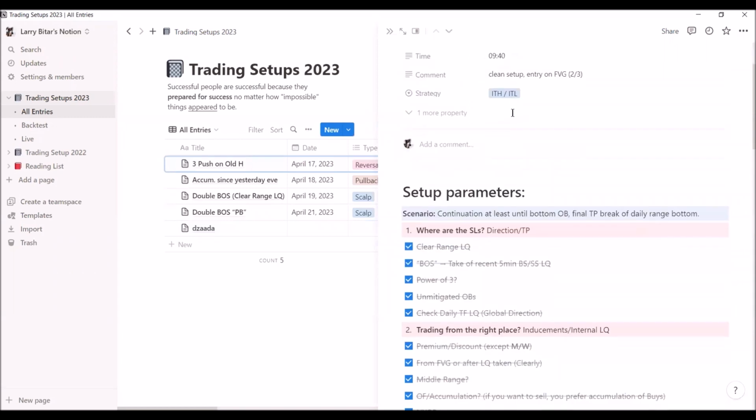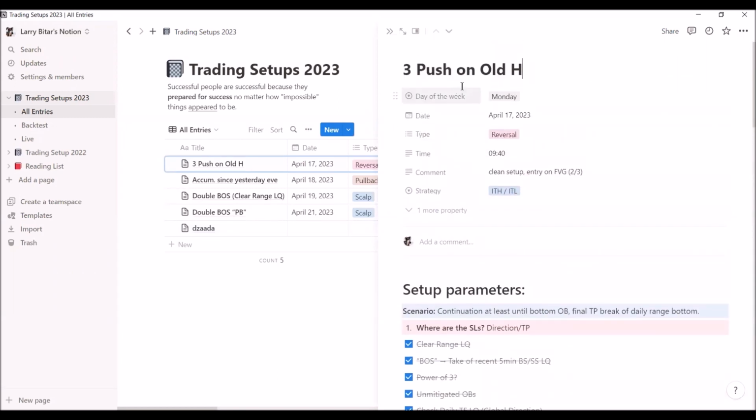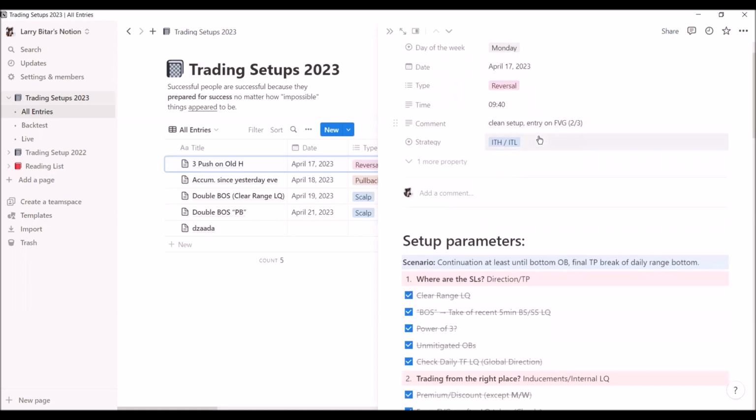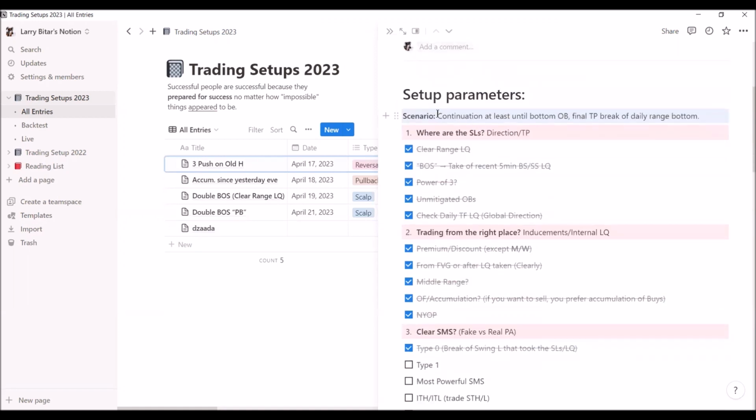Monday. My strategy, it was a live trade. I traded at 9:40 Paris time. For me, it was a clean setup, and my strategy was intermediate term high. The scenario was continuation at least until the bottom order block.